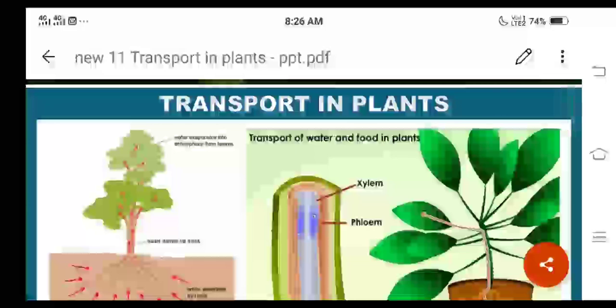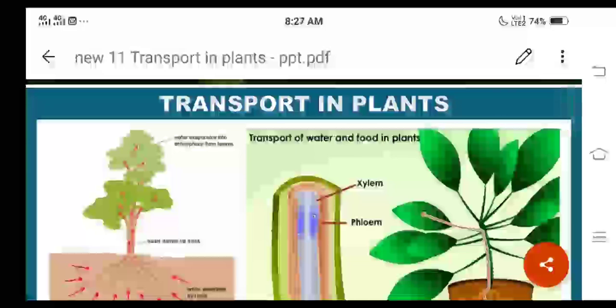Then this water as well as the nutrients need to be transported to the remaining parts of the plant body, meaning from the root system to the remaining plant body. Likewise, whatever food is synthesized in the leaves has to be transported to the remaining non-synthesizing parts of the plant body, including the root tips.